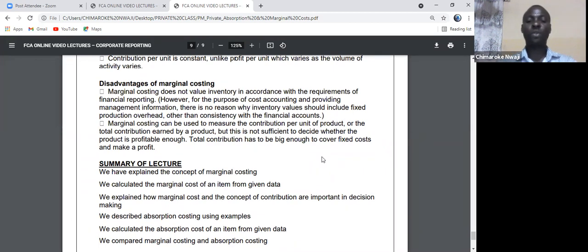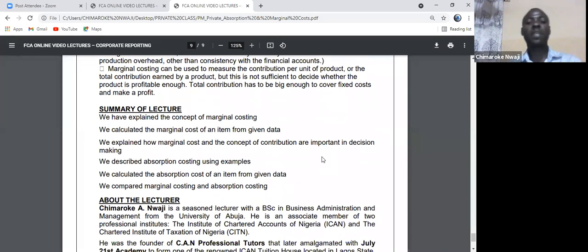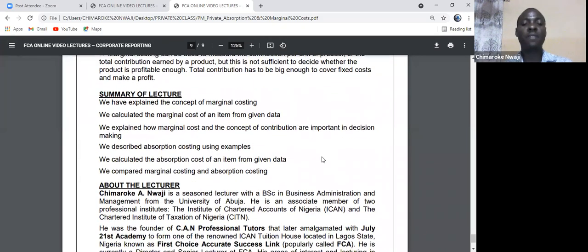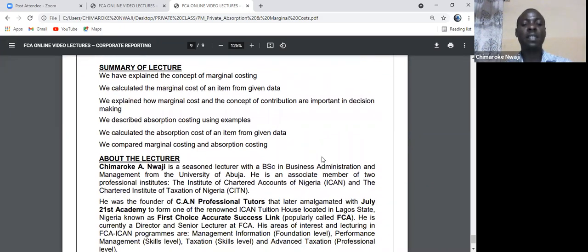So far, so good. We've talked at length. We've explained the meaning and the concept of marginal costing. We have calculated the marginal cost of an item from given data. We have also explained how marginal costs and the concept of contribution are important in decision making. And we also described absorption costing using some examples.